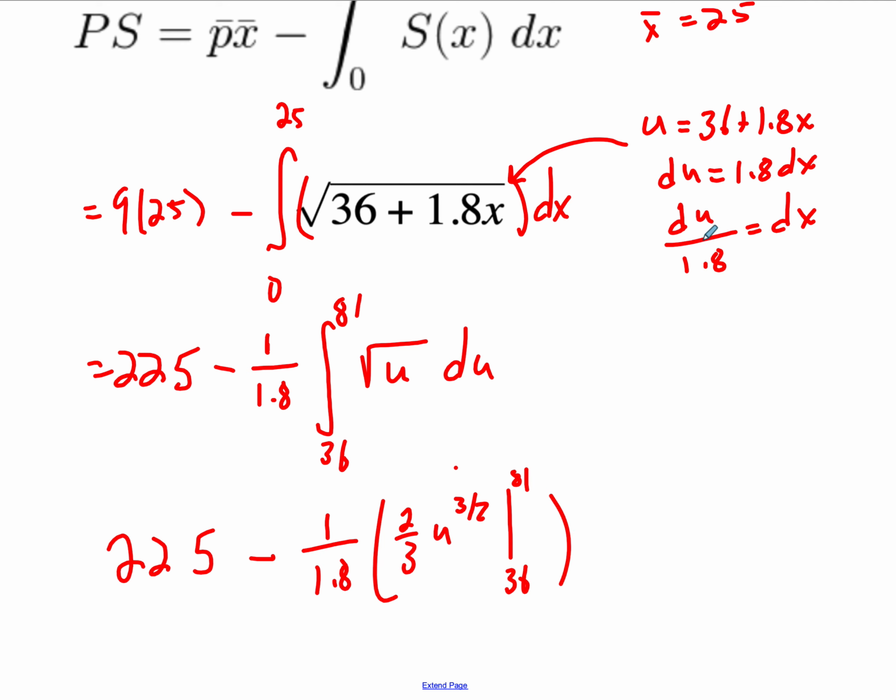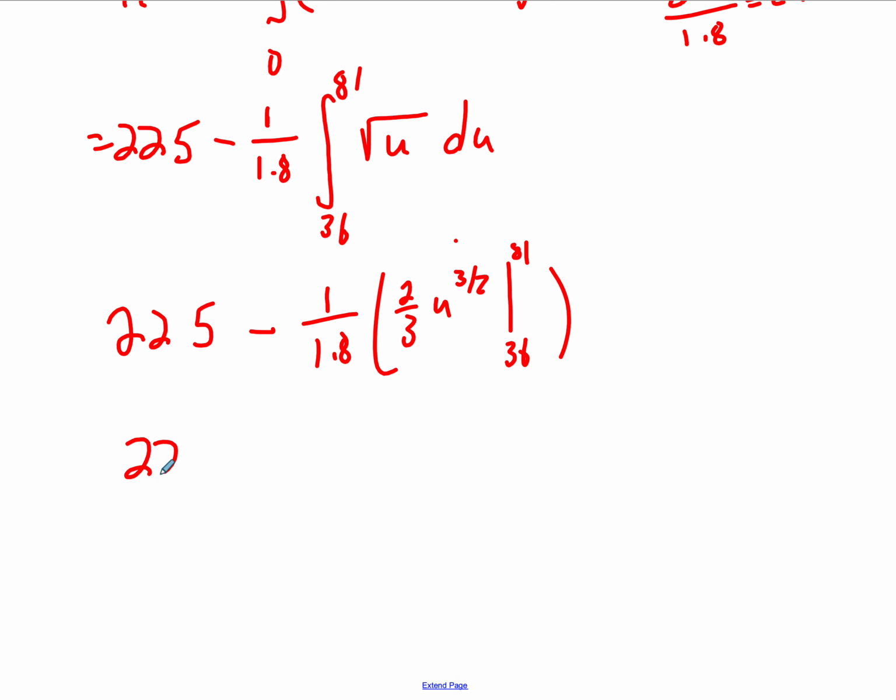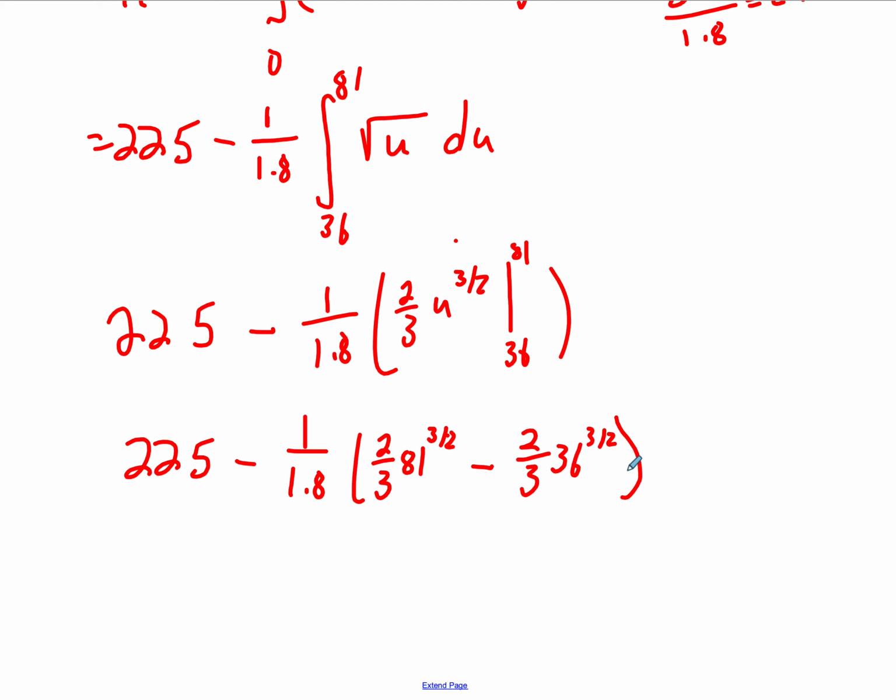Now, you would need a calculator to assist you with this. This is 225 minus 1 over 1.8 times 2/3 times 81 to the 3 halves, minus, and now this is the fundamental theorem of calculus. So 81 to the 3 halves. If you know about rational exponents, it's the square root of 81, which is 9, and it's 9 to the power of 3.